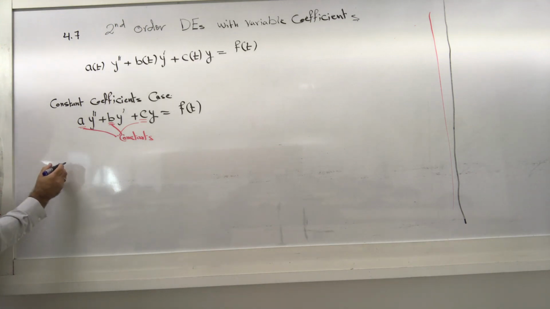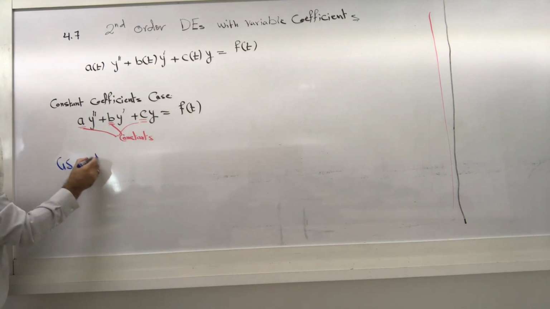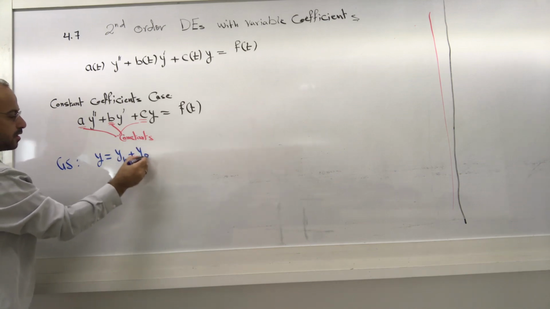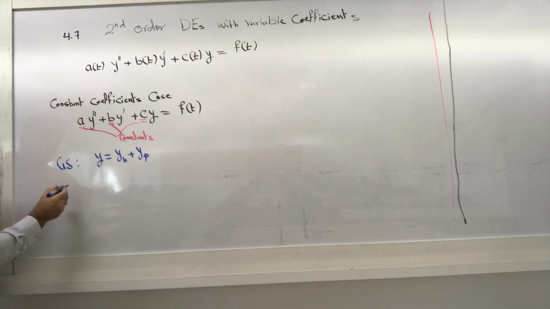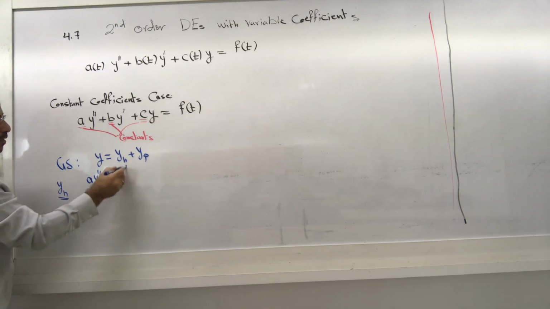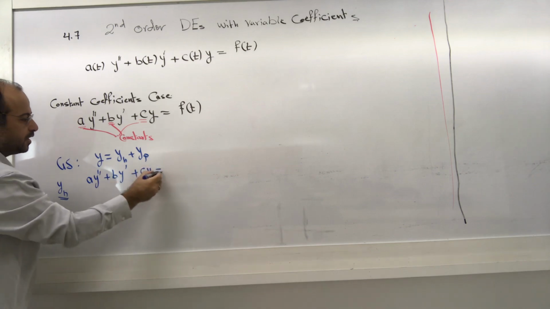The general solution is of the form y equal y homogeneous plus y particular. How do we get y homogeneous? You change the equation to a y double prime plus b y prime plus c y equal 0.